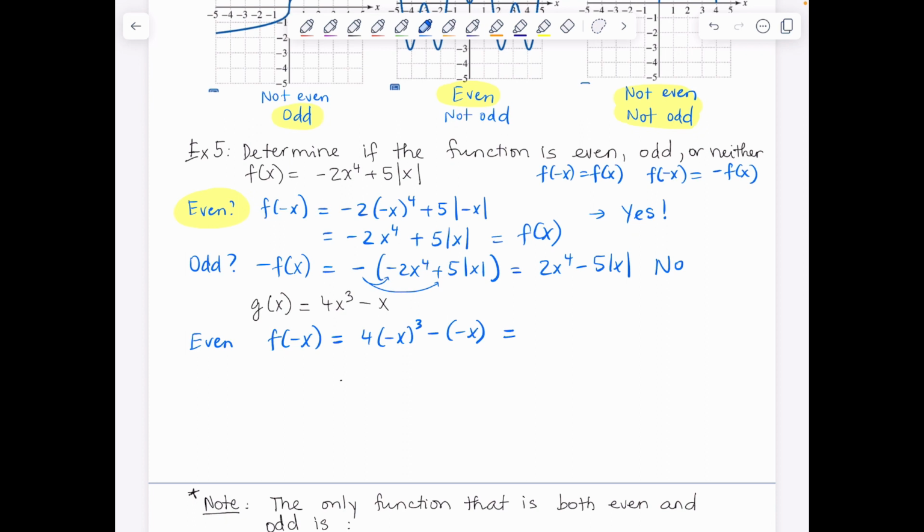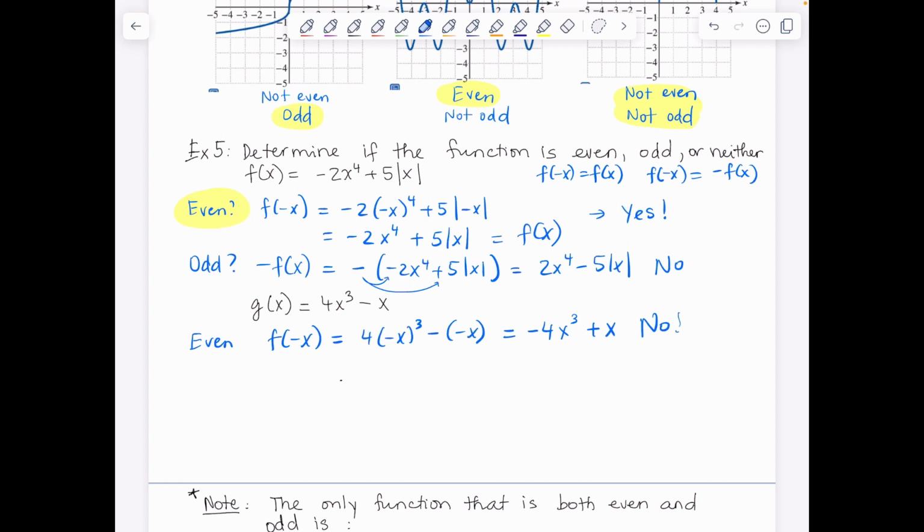Now negative x cubed, that's 3 negative signs. Then we'll end up with the negatives. So I'm going to move the negative to the front, and then I have x cubed. And then 2 negatives make a positive x. Comparing this with the original function here, they look completely different. So therefore, this function is not even.